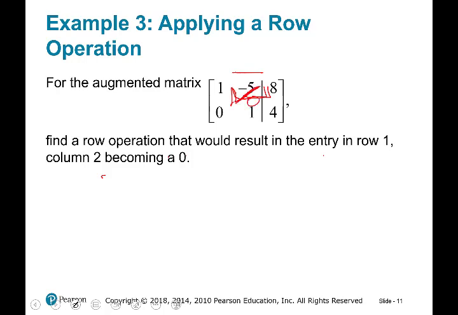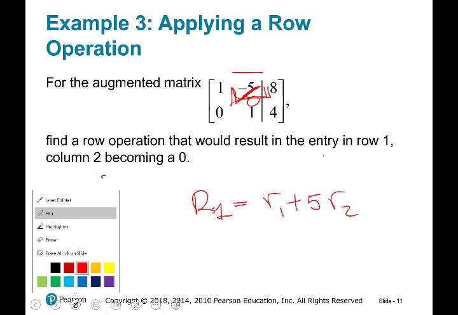So the way you do that is that you will need to add 5 to that. So to get a new row 1, I will have to take the first row and add 5 times row number 2.